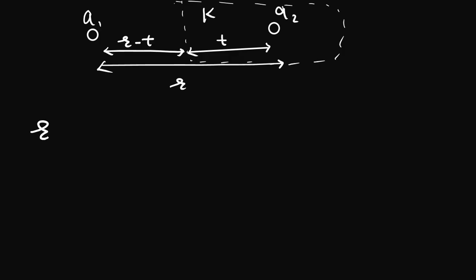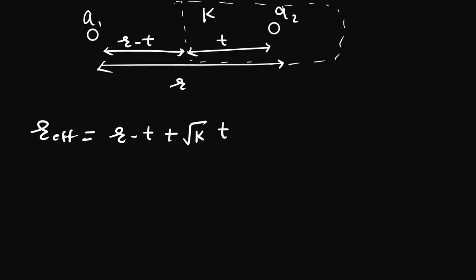So we can write r effective, left part will be the same, r minus t, effective distance is equal to geometrical distance. And when we calculate the effective distance for this right hand side part, this distance is t, but here we have a dielectric material of dielectric constant k. So this will become plus root under k multiplied by t.